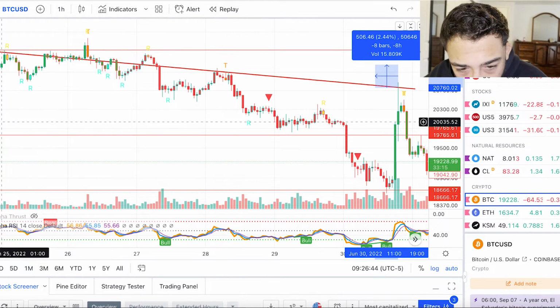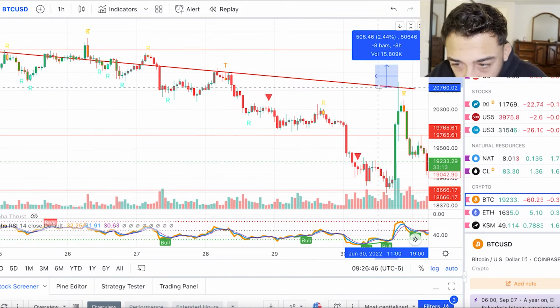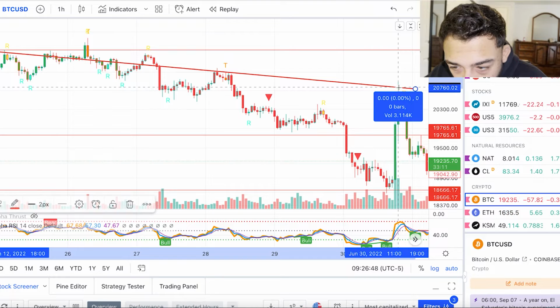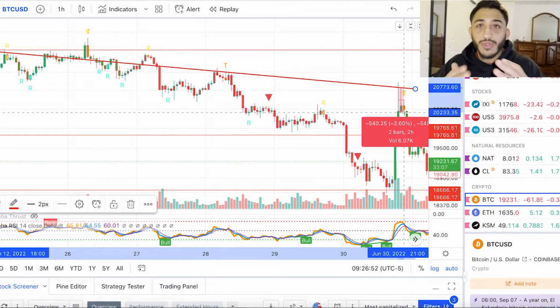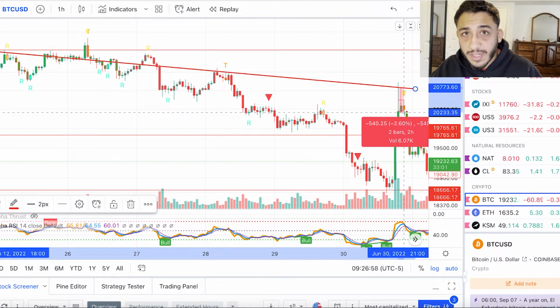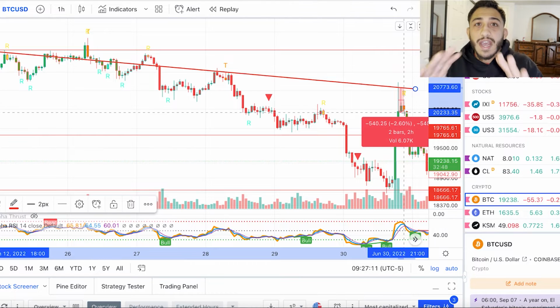So from my entry, once I'm 2.5% in profit, because I'm using it as a ratio, the stop loss is a ratio, 1-to-1. So 2.5% stop loss. Once I'm at 2.5% take profit, I immediately move my stop loss to right by my entry so that I am no longer at any risk of losing any money.